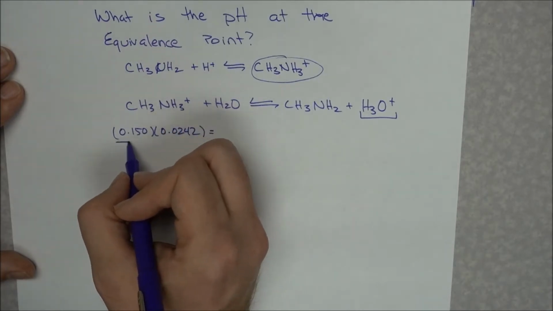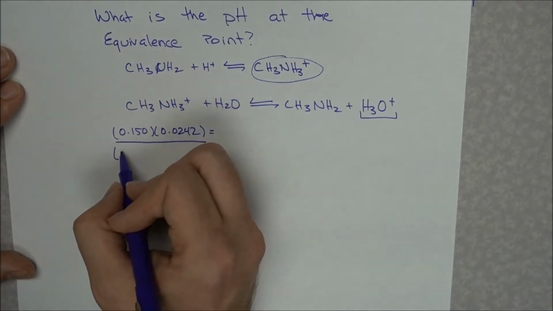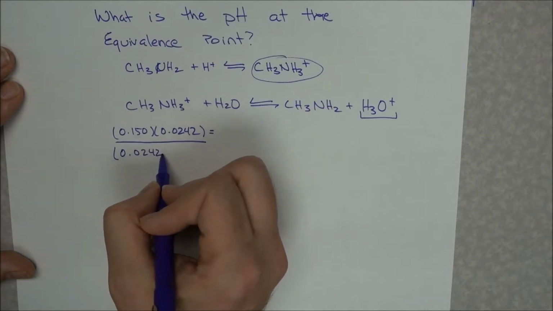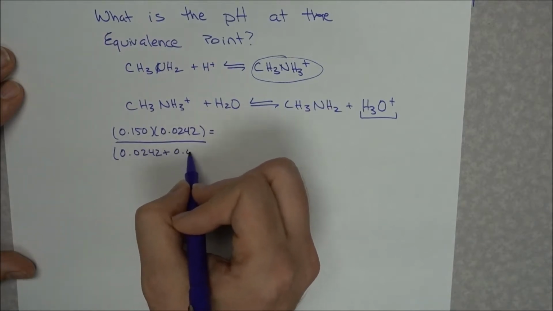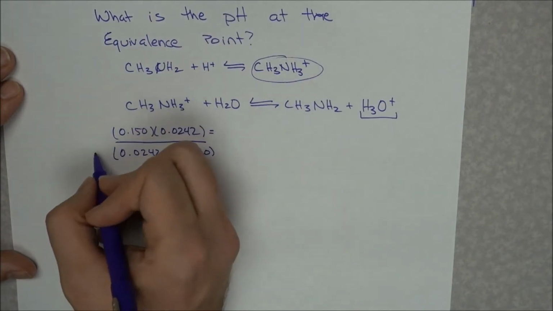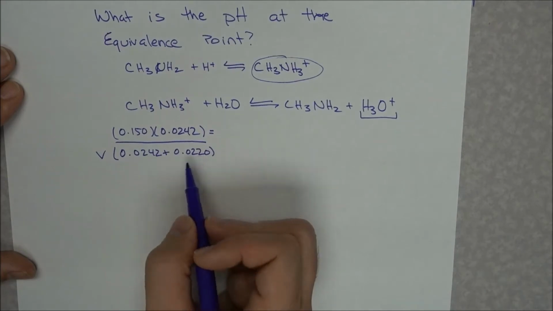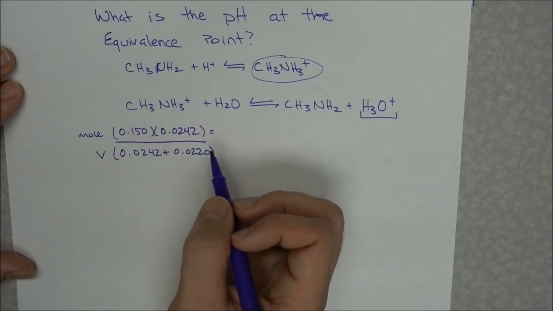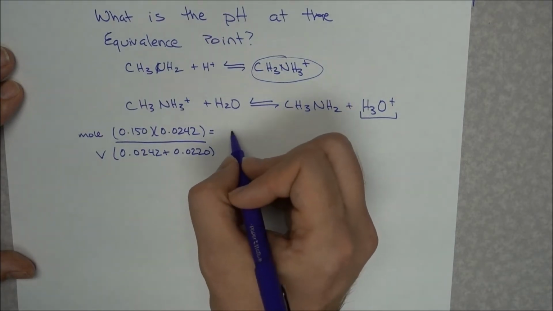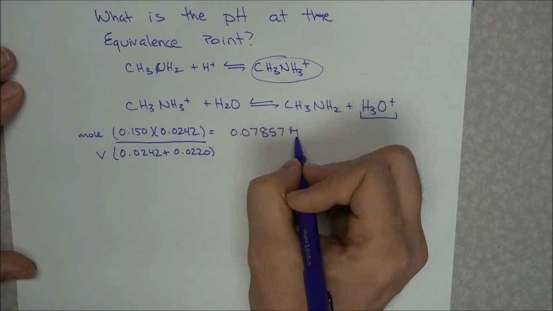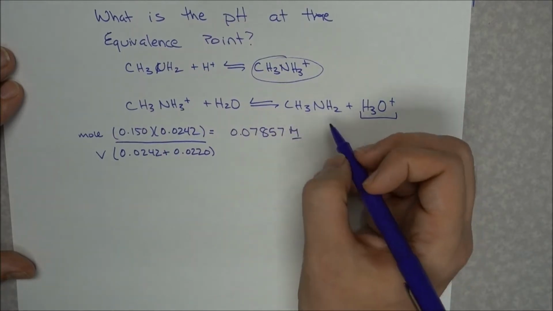So we started with a volume of 0.0242 for our acid and 0.0220 for our base. So that's the volume of our acid and base, and this is the number of moles that we end up having of this. When we do that math, we get 0.07857, and that's the molarity of the stuff that we have there.